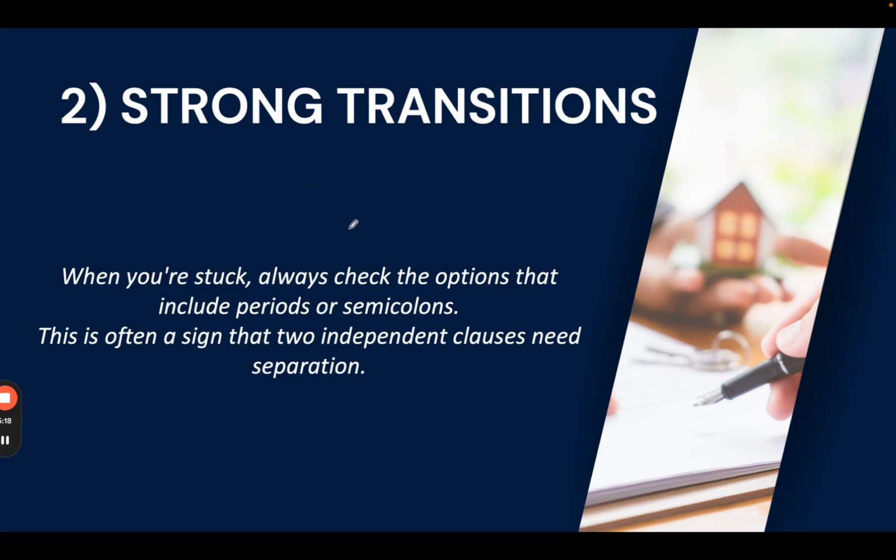Alright. When you're stuck, always check the options that include periods or semicolons. Now, when it comes to option elimination, specifically in punctuations, I want you to start eliminating the options which have periods or semicolons first, right? Identify if whatever you're reading is a complete sentence or not.